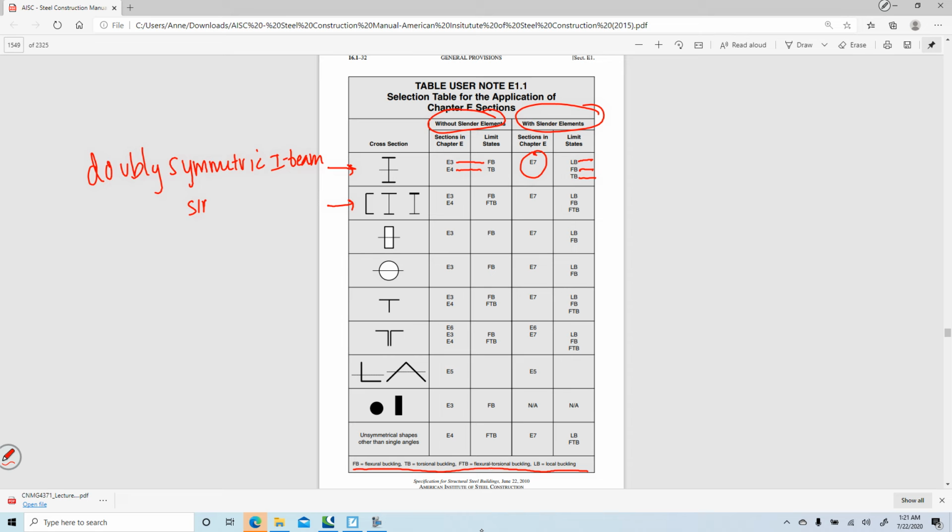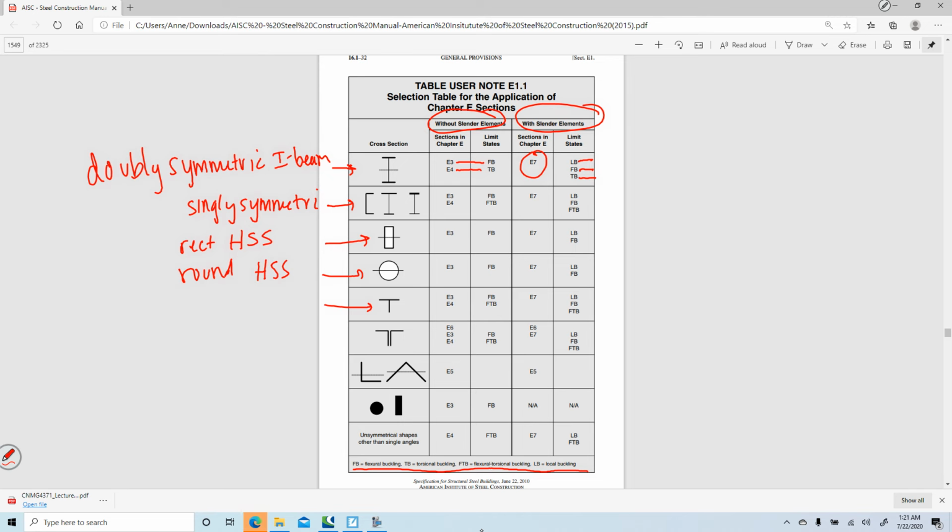This is singly symmetric shapes. Right here's a rectangular HSS, hollow steel section, round HSS.